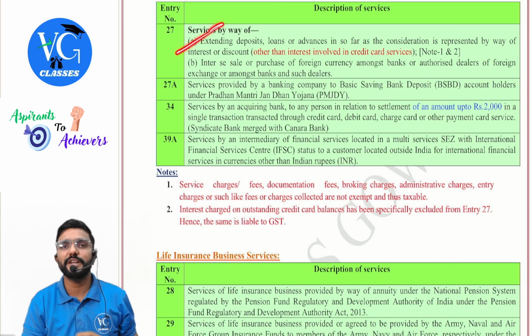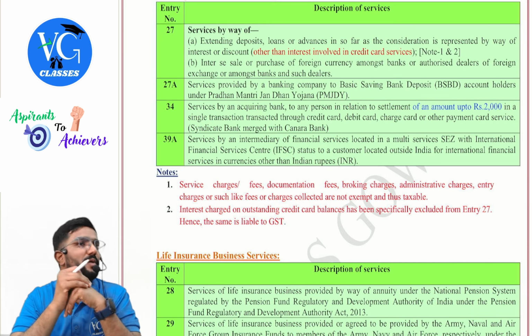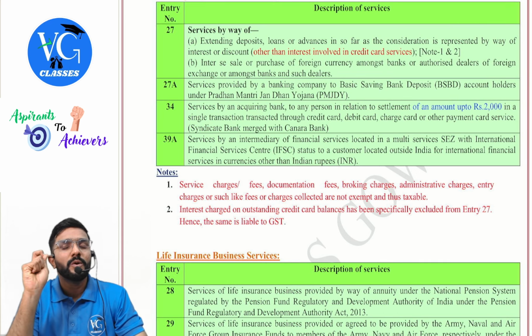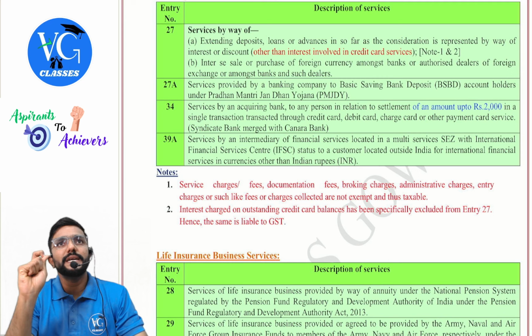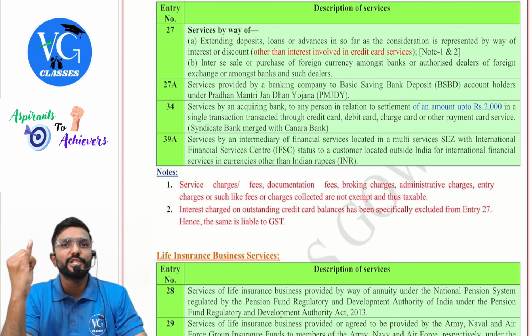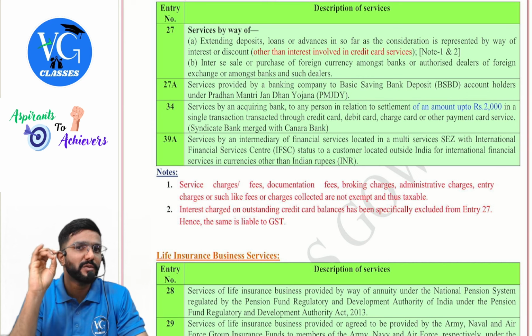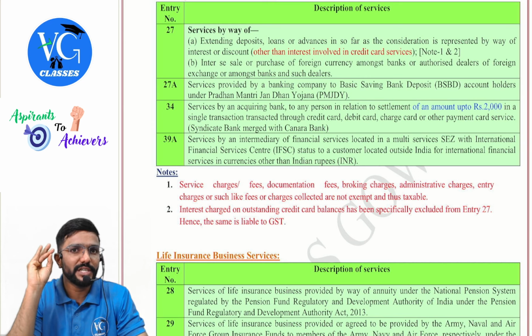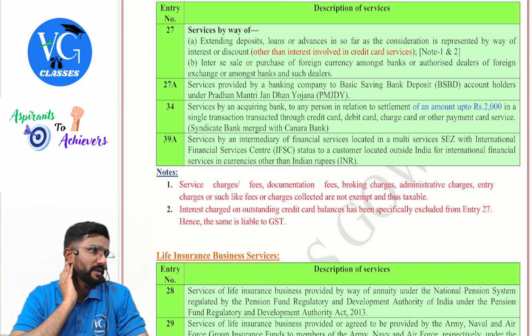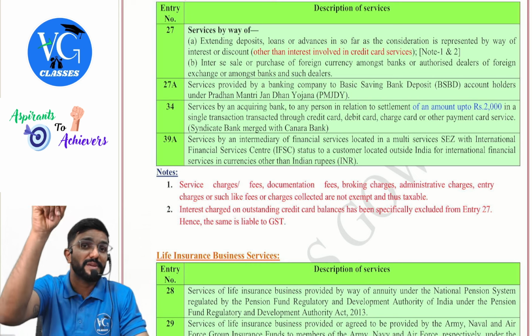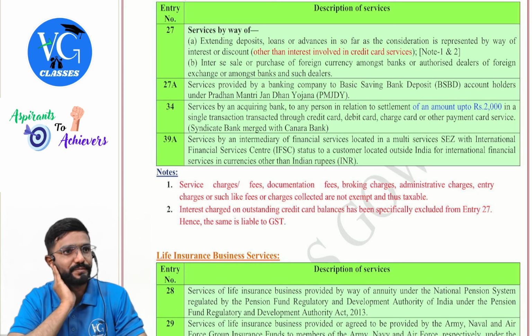And this entry 27A is especially important, not only for the exemption chapter, but for other chapters also. While calculating the aggregate turnover for checking eligibility as well as to pay tax under the composition scheme, as per Explanation 1 as well as Explanation 2 to section 10, both places excluded this service. Aggregate turnover includes all exempt supply, but except this, per Explanation 1 and Explanation 2 to section 10.